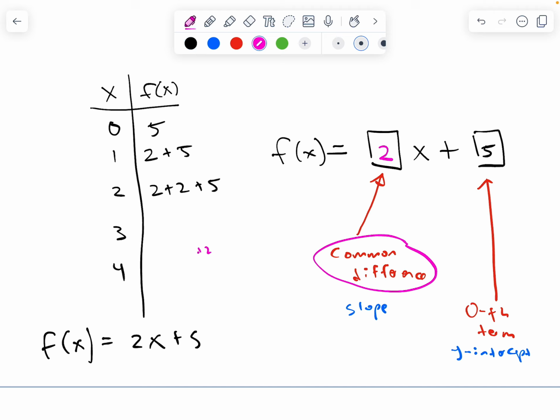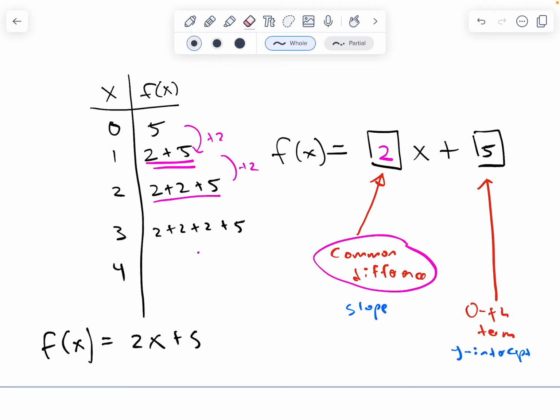Because remember, each time I am adding 2 to that. And then to this, I'm adding another 2. And so to this, I'm going to add another 2. And so that becomes 2 plus 2 plus 2 plus 5. And then I am adding another 2 to that, which is 2 plus 2 plus 2 plus 2 plus 5.